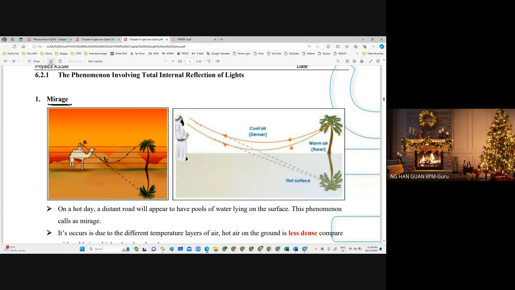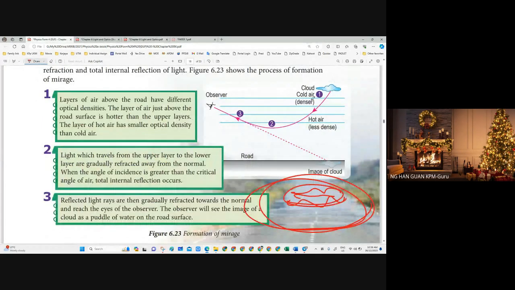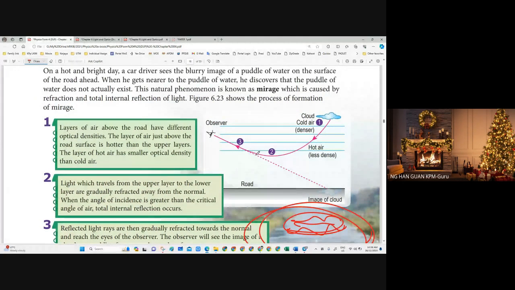If you refer to the textbook, during very hot weather, our air layers have different temperatures. The layer close to the ground is hotter, and the higher altitude will be cooler. So when the light travels from cooler toward hotter, which is from denser toward less dense, it will bend away from the normal.